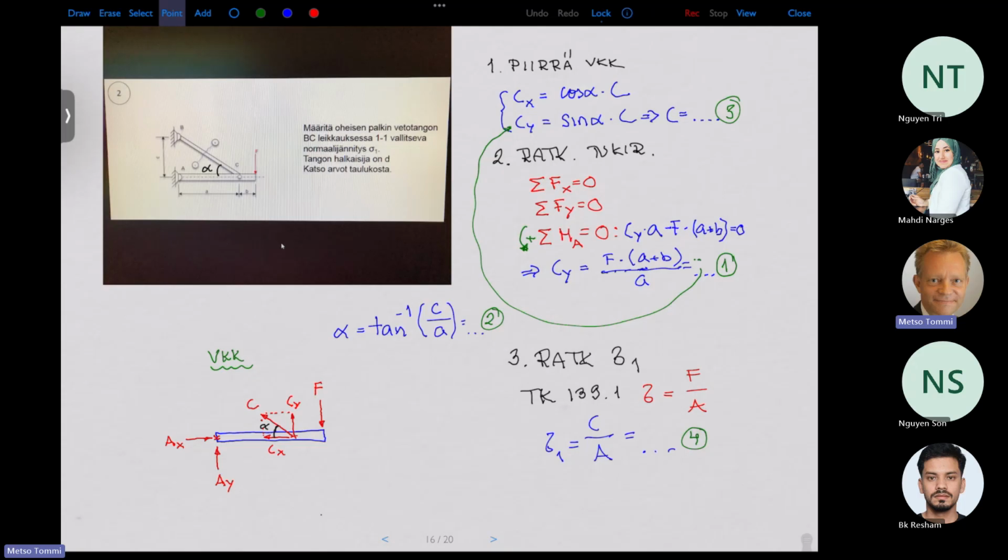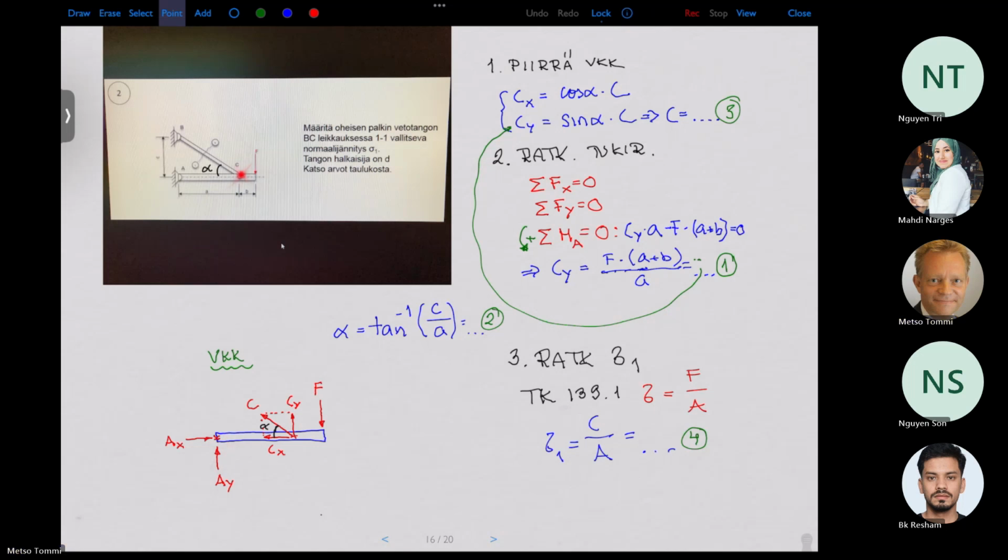Then the forces that are affecting the object, there is only this force F. Then you remove supports and replace with support reactions. So in this point A, you have a joint, and when you take it away, you put AX and AY forces or support reactions.